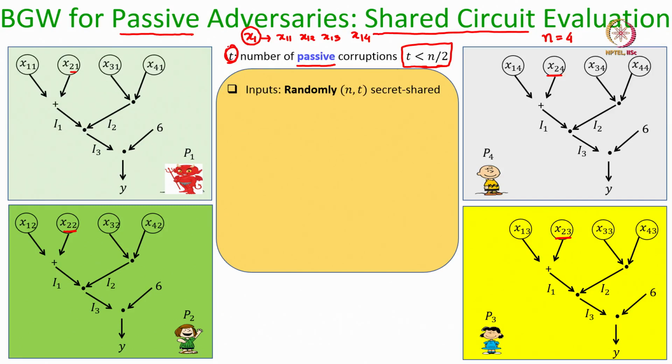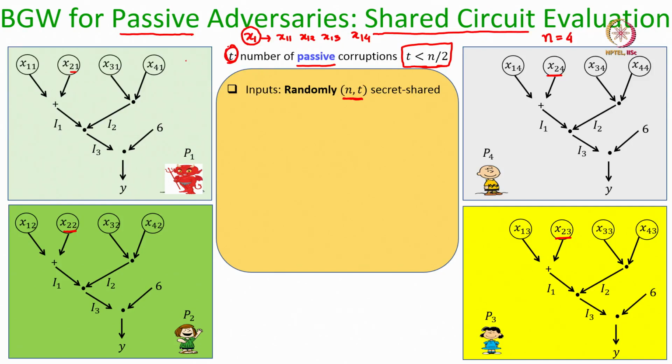It turns out that the adversary will learn at most T shares corresponding to the inputs of the honest parties, but those shares correspond to an instance of T out of n secret sharing scheme, and the privacy property of T out of n secret sharing scheme guarantees that even if up to T shares are leaked or compromised, the adversary will not learn what exactly was the underlying secret.